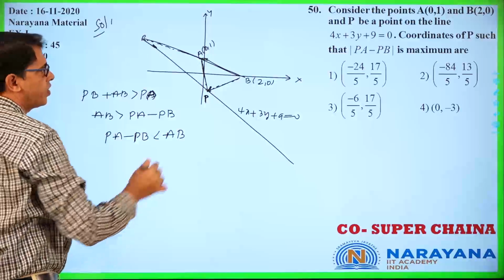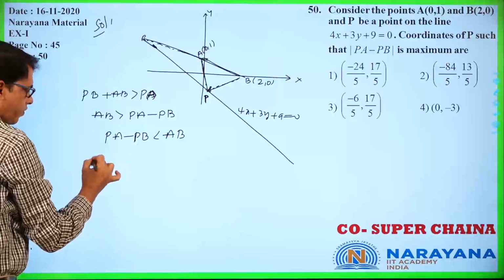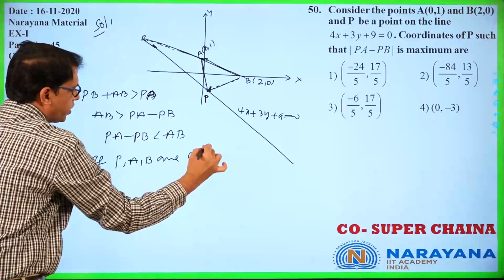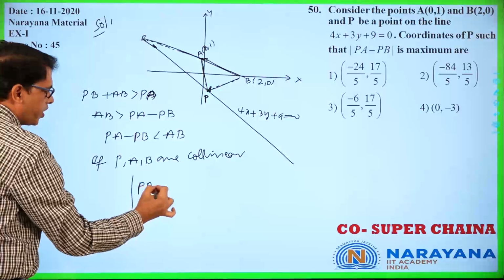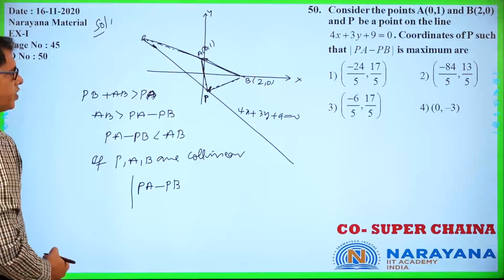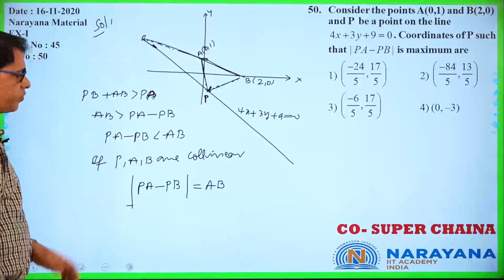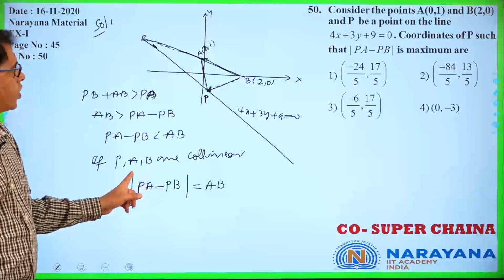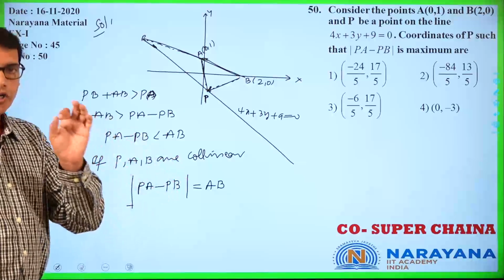So if P, A, B are collinear, then modulus of PA minus PB equals AB, means we get the maximum possibility when the points are collinear, okay?